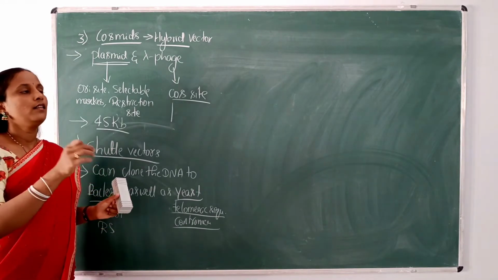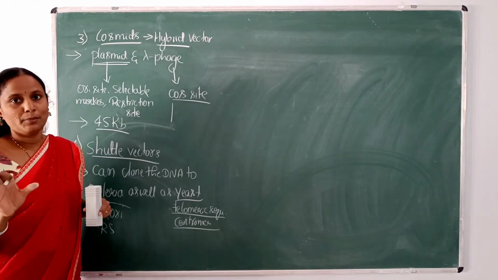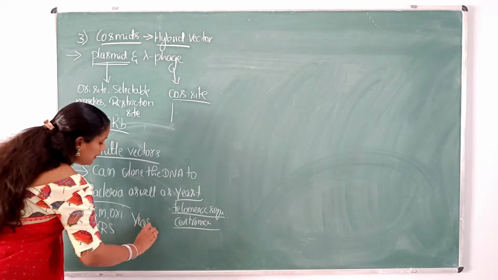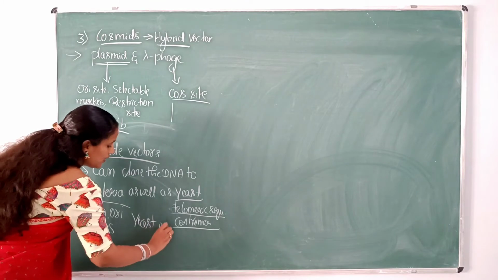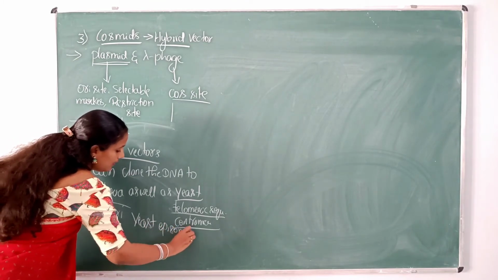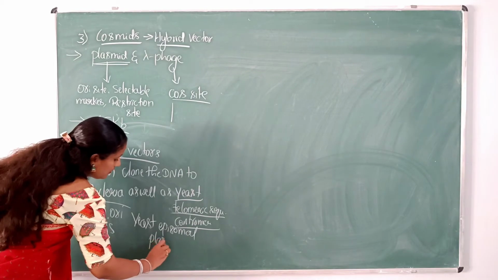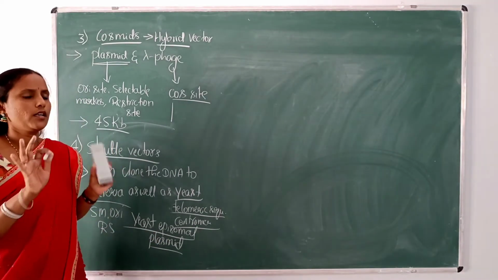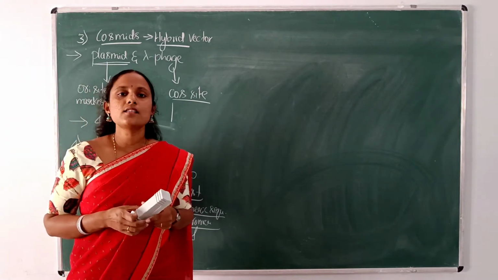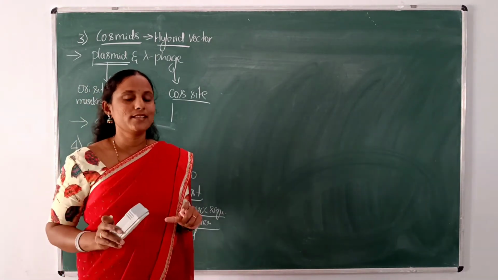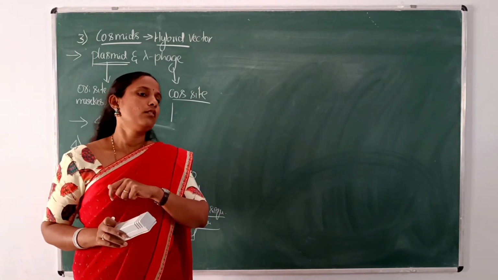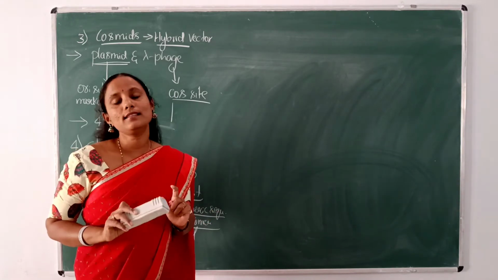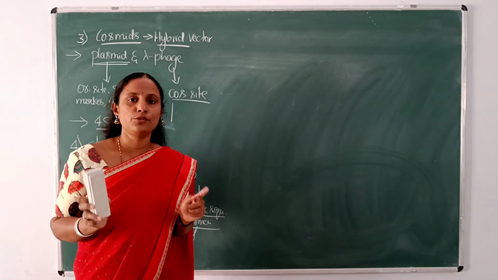Let us discuss the most studied type of shuttle vector later. But for now, yeast episomal plasmids are examples of shuttle vectors. Just remember, shuttle vectors are the vectors made to replicate or clone the DNA into both prokaryotes as well as eukaryotes. That is the basic thing you should know.